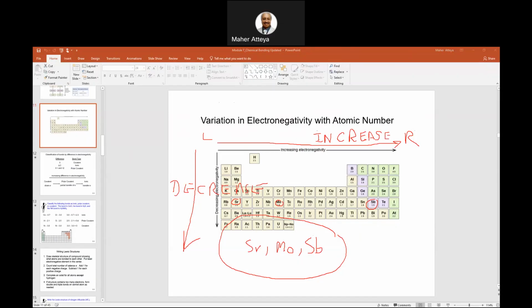Just an atom by itself has the ability to take an electron from the gaseous phase, correct? So electroaffinity is always in the gaseous phase. This one here is electronegativity, correct, guys? And it's the same thing with the electroaffinity.